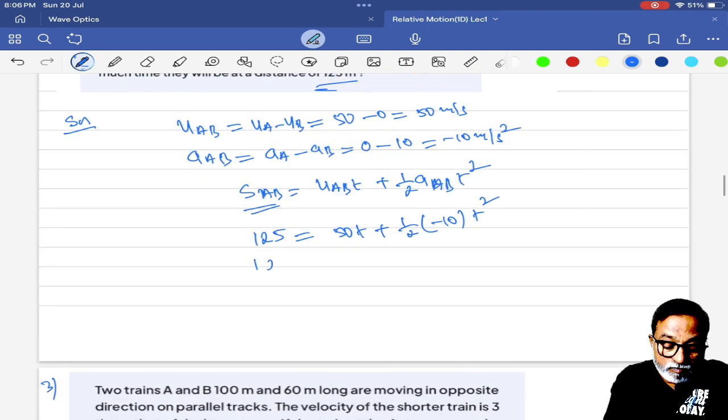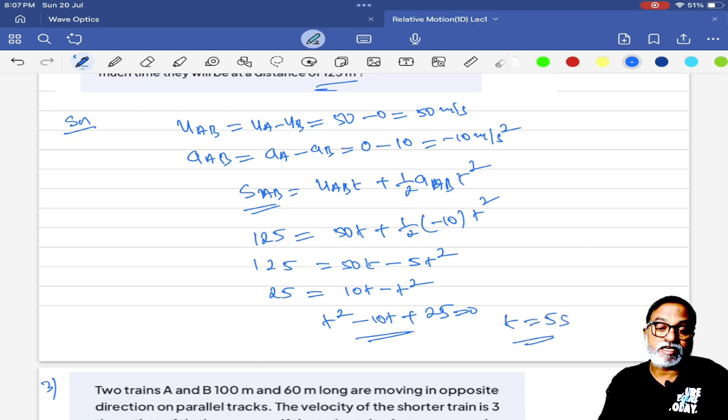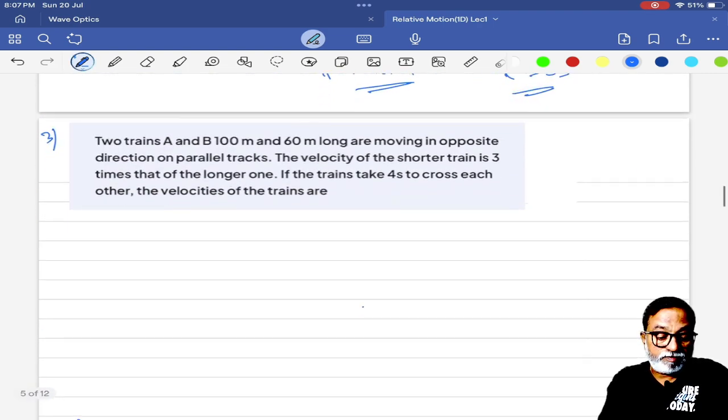This becomes 125 is equal to 50T minus 5T square. Both sides 5 to divide చేద్దాం. This is 25 is equal to 10T minus T square. Therefore, this becomes T square minus 10T plus 25 is equal to 0. So, from this we can get T is equal to 5 seconds. Next problem.